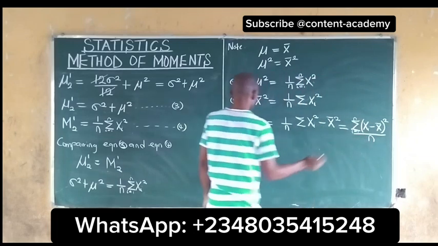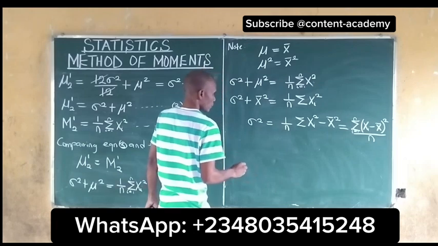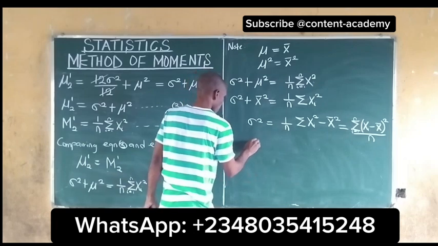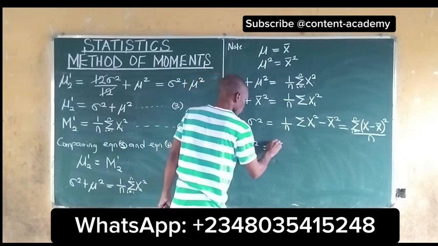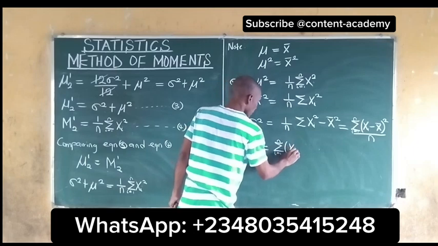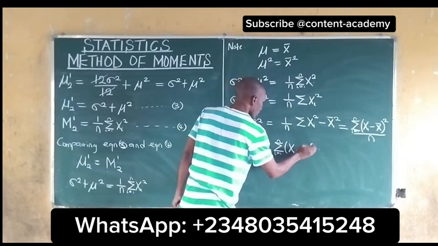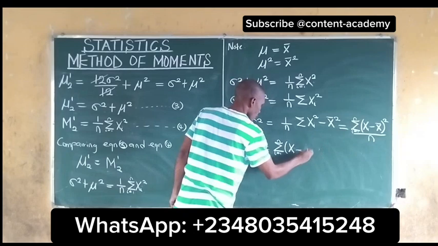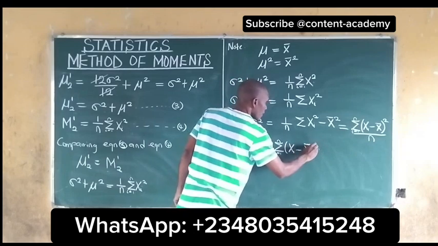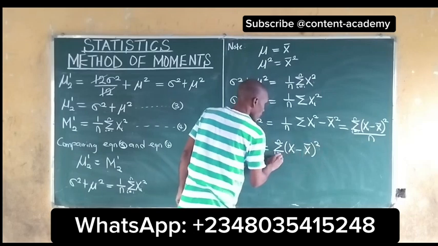Nothing has changed. So it then means we have our sigma squared to be summation of, as i running from 1 to n, xi minus x bar all squared all over n.